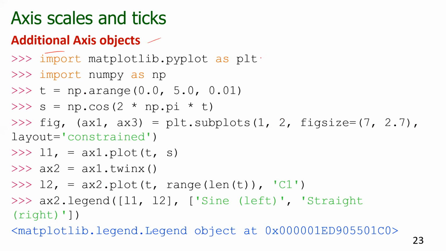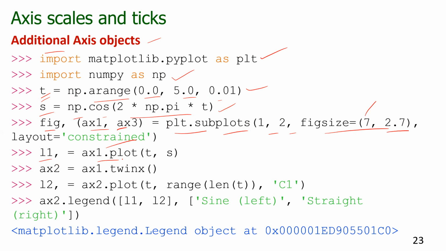Here we import matplotlib and numpy, define t with a range of starting value, end value, and step value, then s equal to np.cos of this range. Then we define the figure with ax1 and ax3, plotting subplots with 1, 2 and a figure size. We are taking a different figure size: length is 7, height is 2.7, constrained layout.